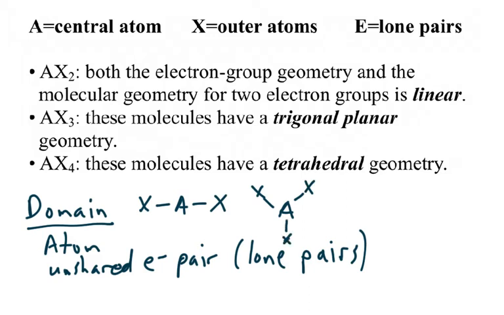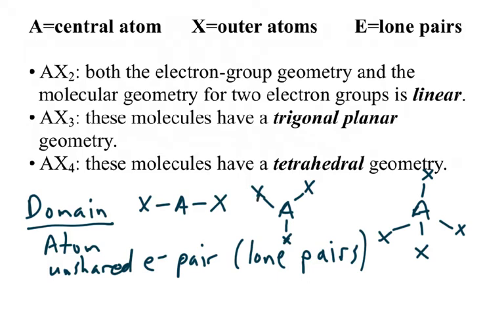And then the one that has 4, I'll try to draw this as best as I can in 3D. It kind of looks like a little tripod in 3D, something like that. And that one is called tetrahedral. Again, A is the central atom and X is the peripheral atoms.